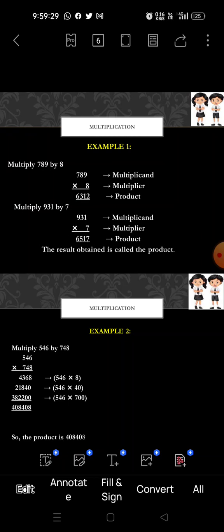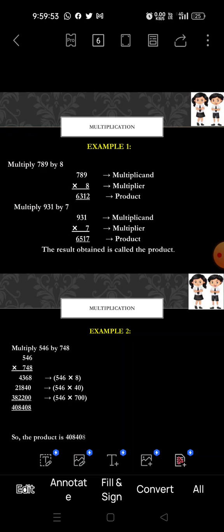We'll write 1 here and take 7 as carry. 8 sevens are 56, and 56 plus 7 is how much? 63. So 789 multiplied by 8 is 6312. So the product is 6312.